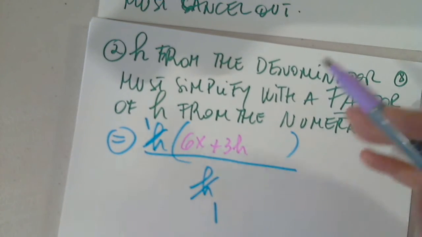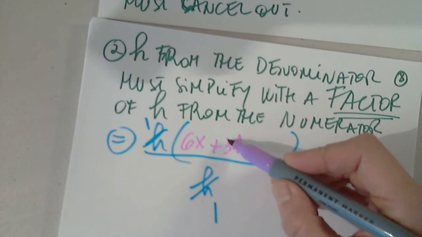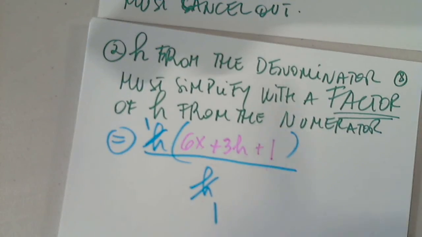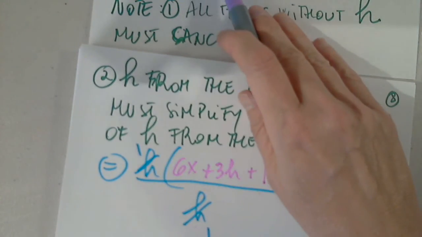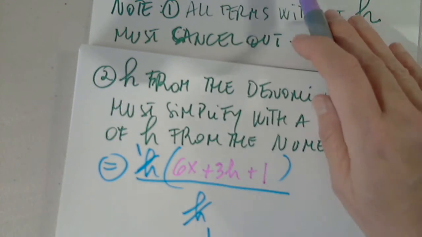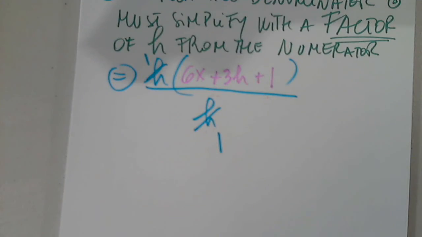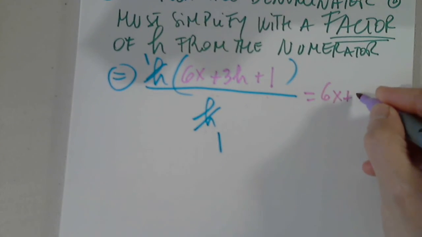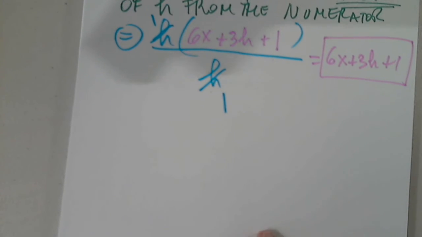If I don't have 3 terms here, I can't get the right answer. Plus 1. You can always go back and check. You should. H times 6x, right here. H times 3h, right here. H times 1, right here. That is the difference quotient for this particular function. This is final. This is it.